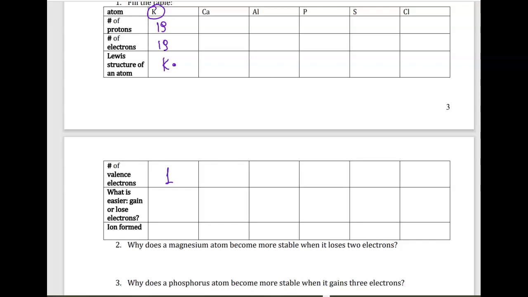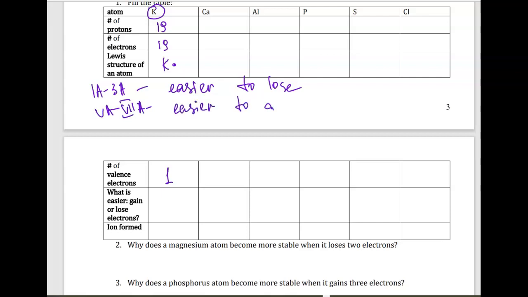And it's a metal. Let's write it down here: for groups 1A to 3A, it's easier to lose; for groups 5A to 7A, it's easier to gain.